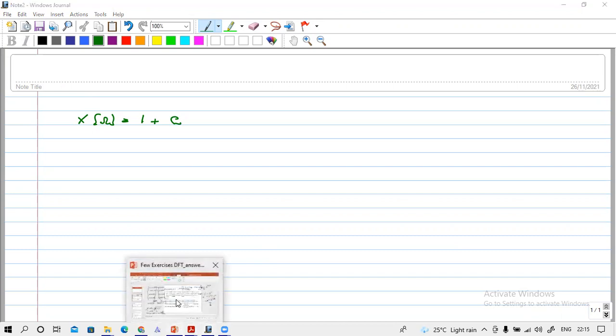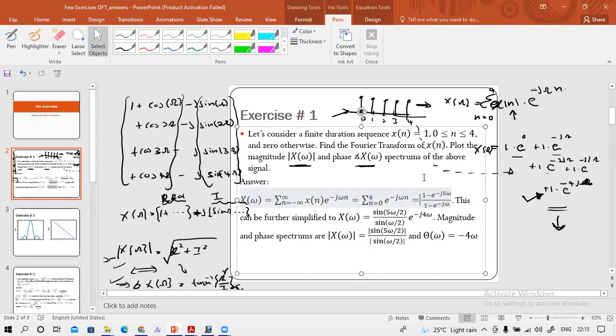So you can see that for x omega, we got 1 plus e to the power j omega, 2j omega, 3j omega, 4j omega, no?